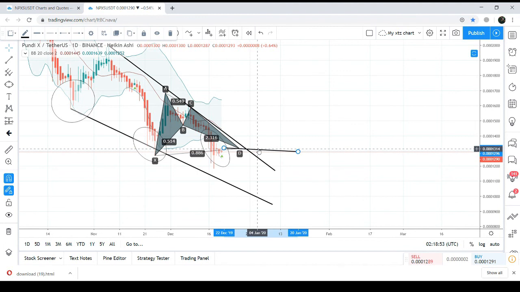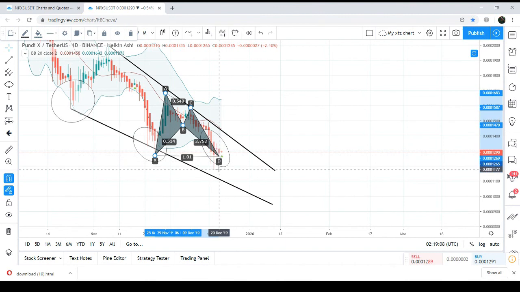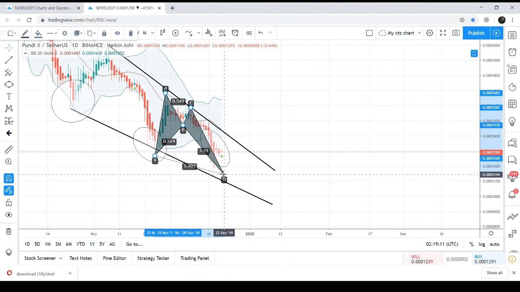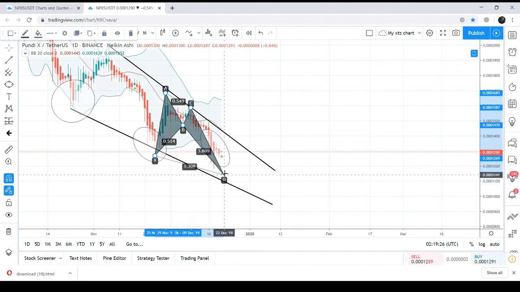But as far as I think, it should be a bullish crab pattern, because once it has broken down the potential reversal zone of this bullish bat pattern, then it should move down at least from 1.27, almost from here, up to 1.618 Fibonacci to complete the next harmonic pattern, and that is the bullish crab pattern.